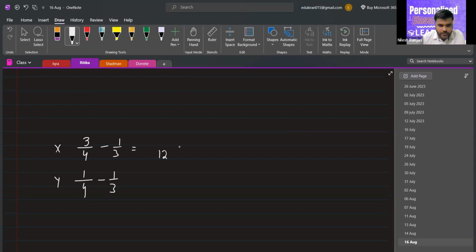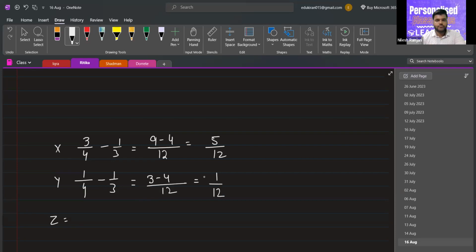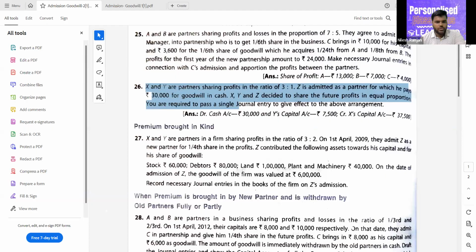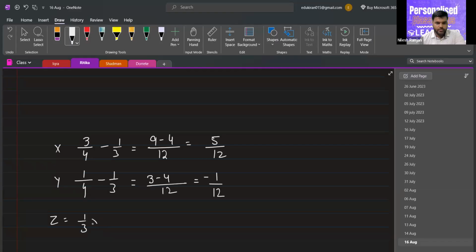It will be 12. 9 minus 4, that is 5/12. 3 minus 4, that is 1/12, and Z is getting 1/3, that is 4/12.